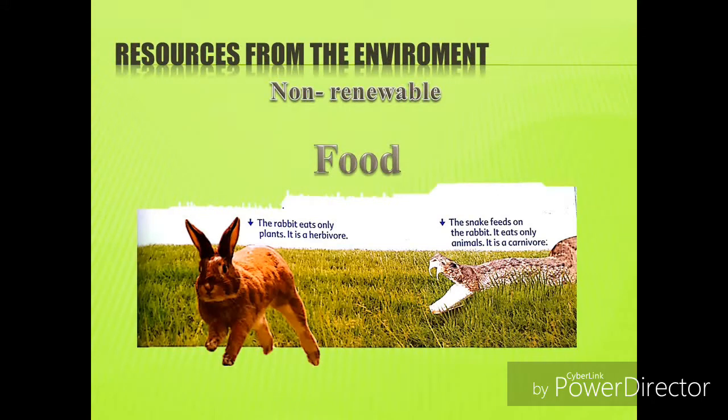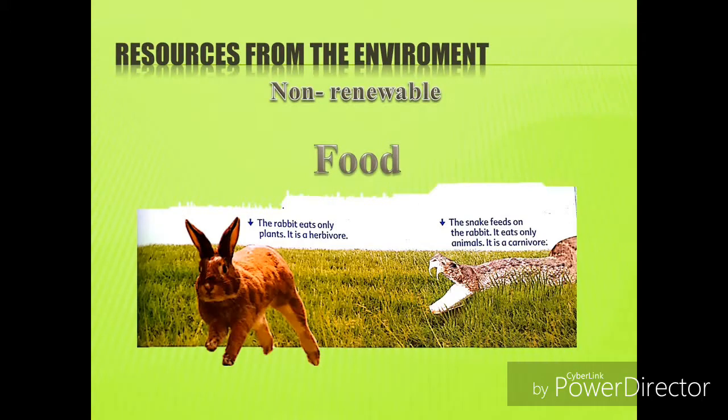Now we're going to talk about the non-renewable resources. And here we have the first type, that is the food. All the organisms get their food from the environment, and depending on what they eat, they are divided into three groups.